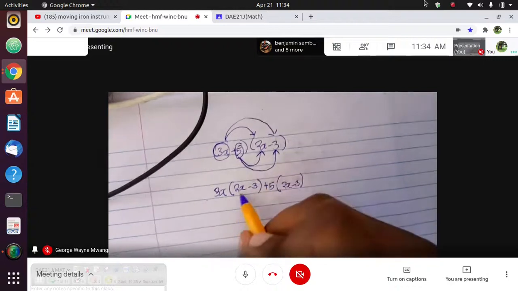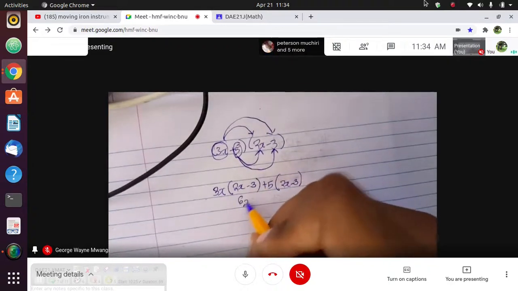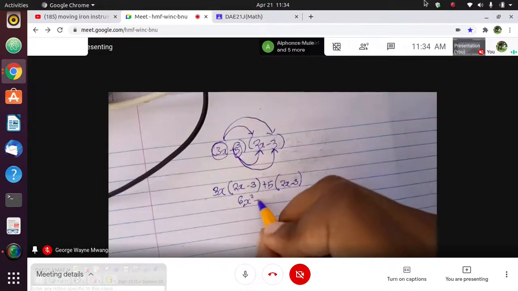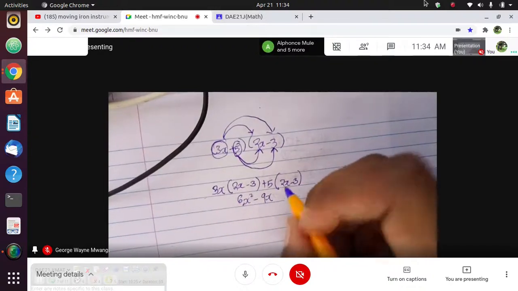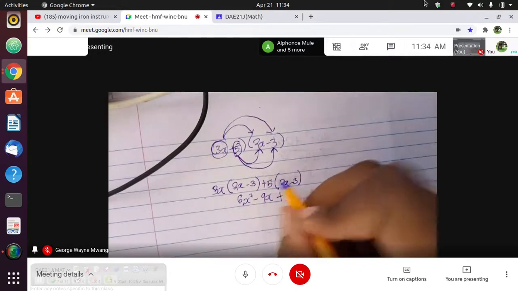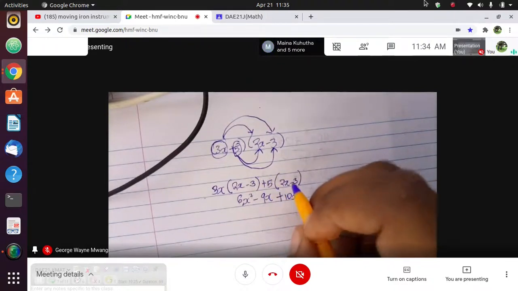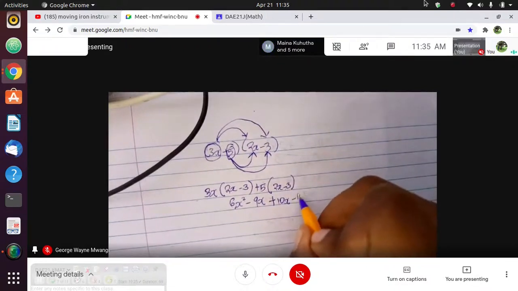So 3x times 2x equals 6x squared. 3x times minus 3 becomes minus 9x, plus 5 times 2x becomes 10x, plus 5 times minus 3 becomes minus 15.